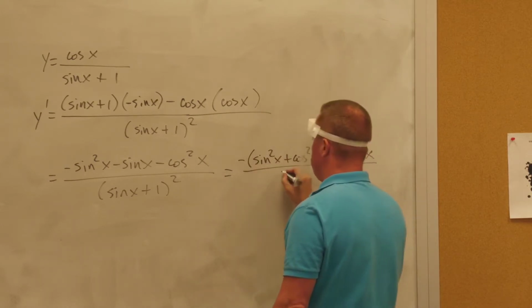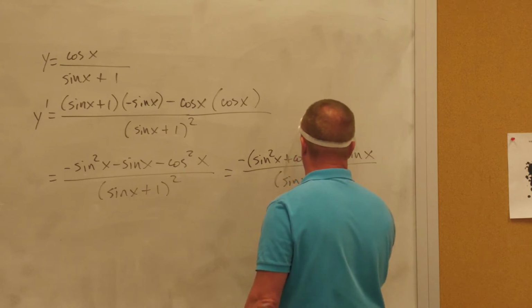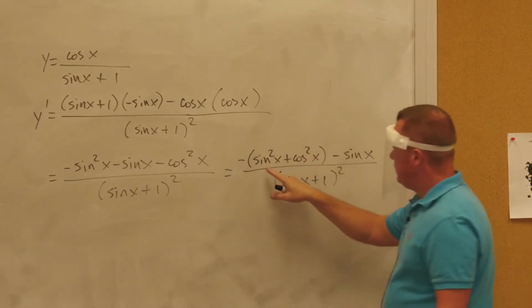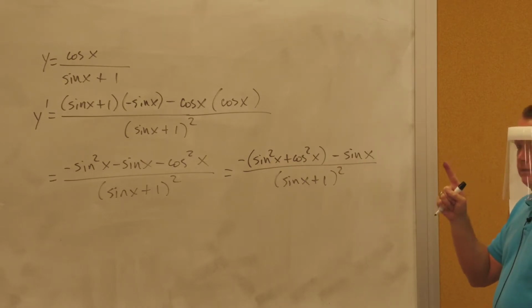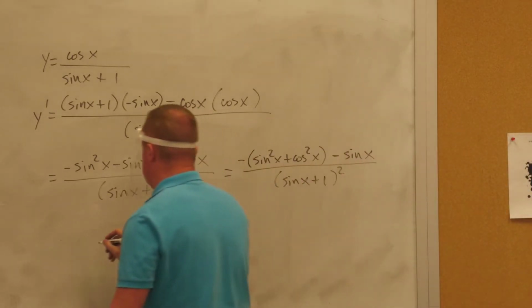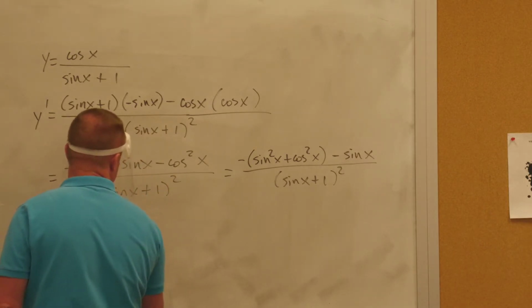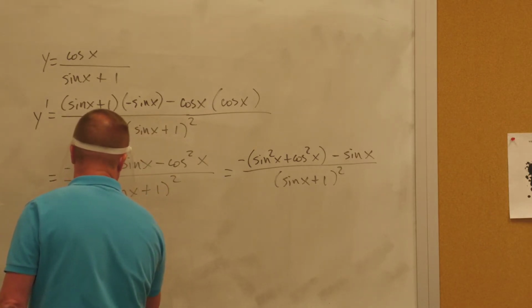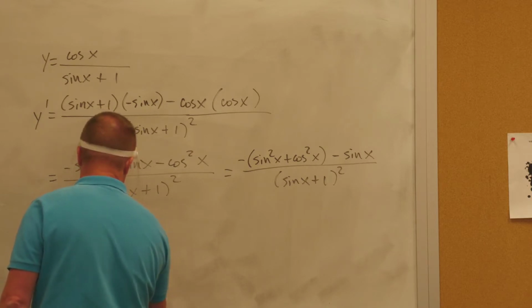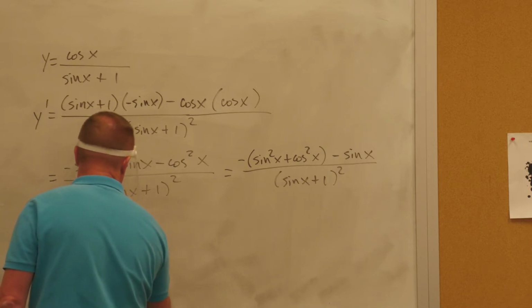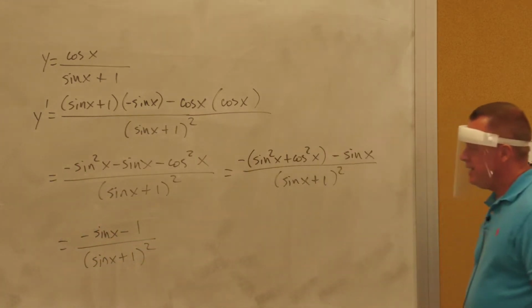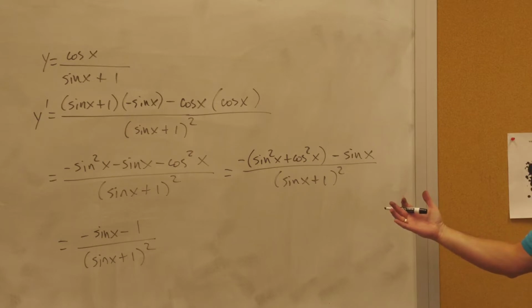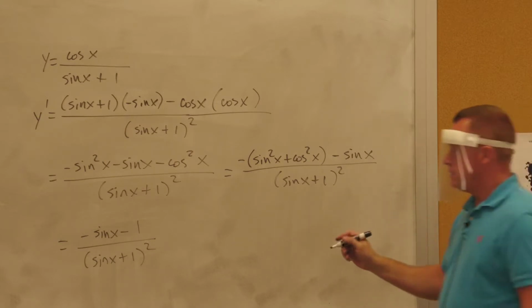So I'll write it out for you. What is sine squared plus cosine squared? 1. So I get negative sine x minus 1 over sine x plus 1 squared. Now, on the top, I could factor a negative 1 out, which would be helpful.